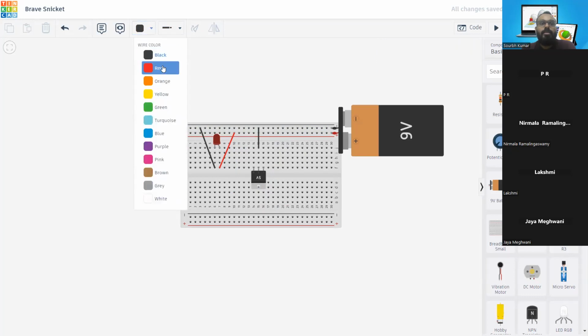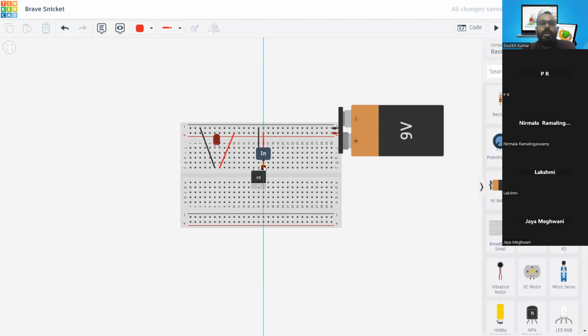So we'll take another wire, the red one especially, and connect the positive wire to the in of the regulator. So now we are supplying 9 volt directly to this 7805 regulator, and we will replace this one. I will take the positive wire and connect it to the out pin of the regulator, and negative will remain constant all the time.